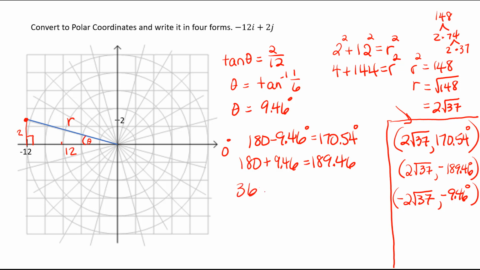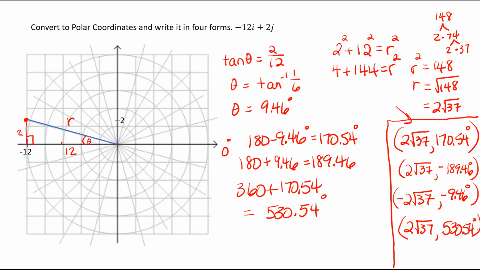So 360 plus 170.54 is going to be 530.54 degrees. So that would be another way to write it. 2 square root of 37, 530.54 degrees.